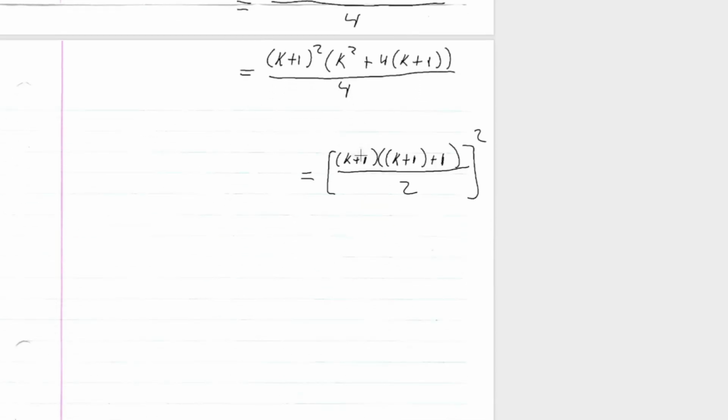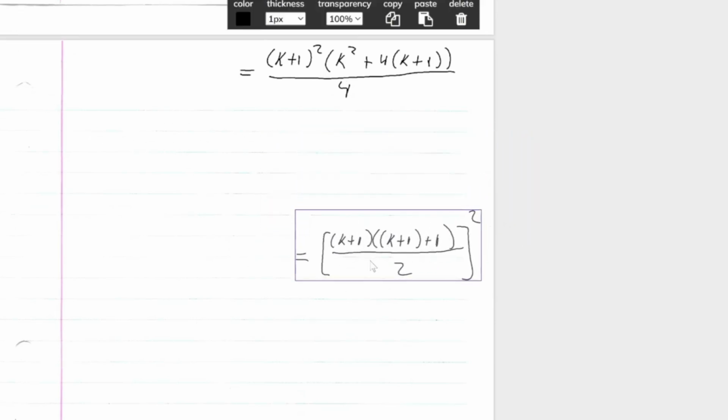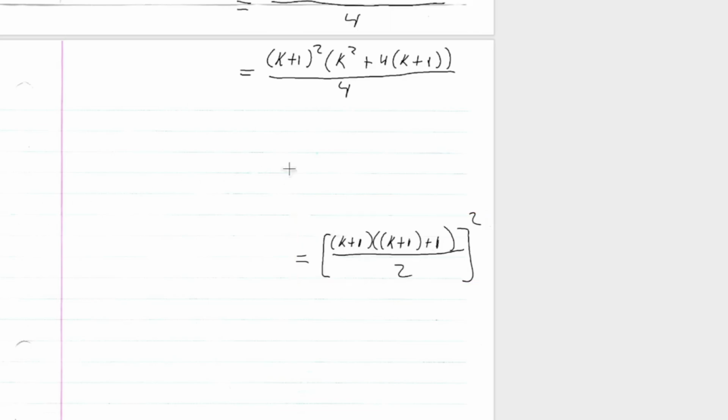All right, so let me go ahead and scoot this one down a little bit to give myself a little more room. So now I'm going to move up this way and see if I can connect the two, right? So we know this is the same thing as k plus 1 times k plus 2 all over 2 squared.